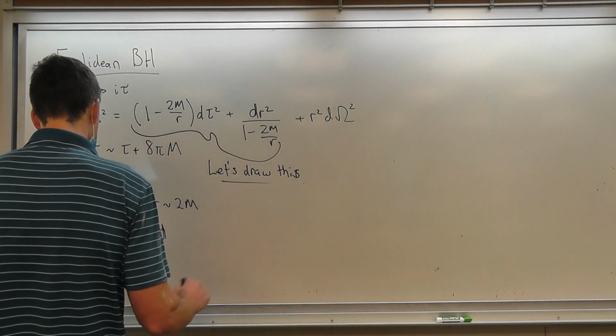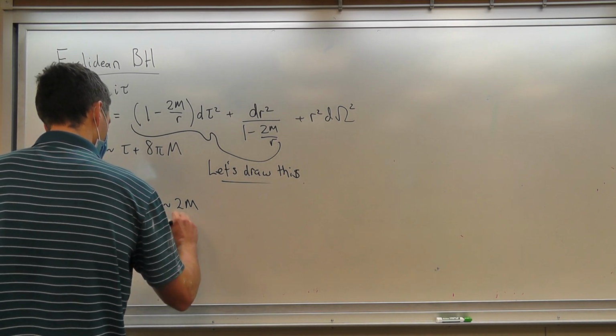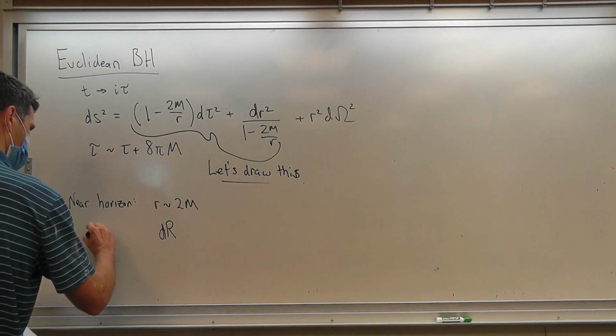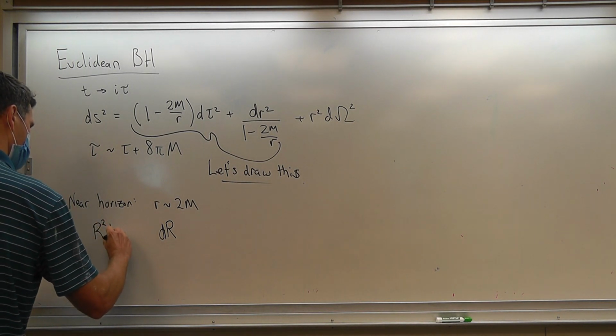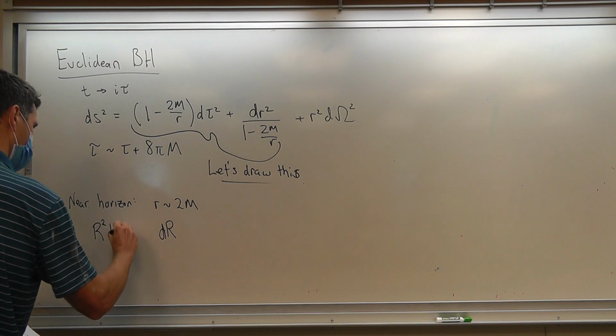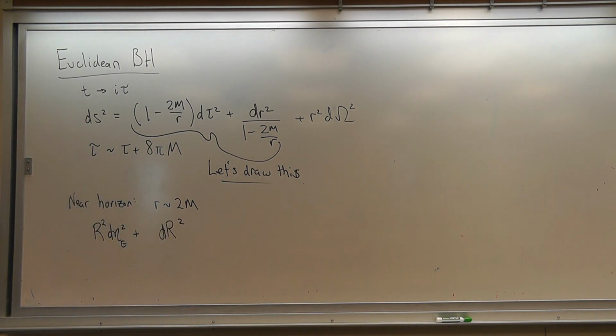It was r squared d alpha squared plus dr squared. So what we actually did last time was the Lorentzian one, and so this had a minus sign. But now I've just rotated to Euclidean.